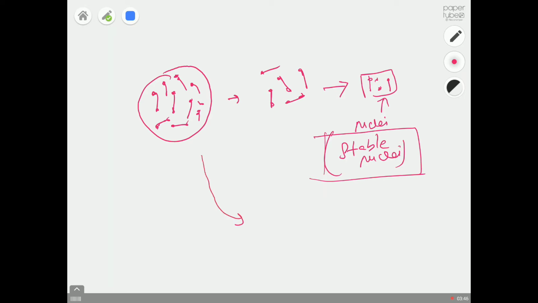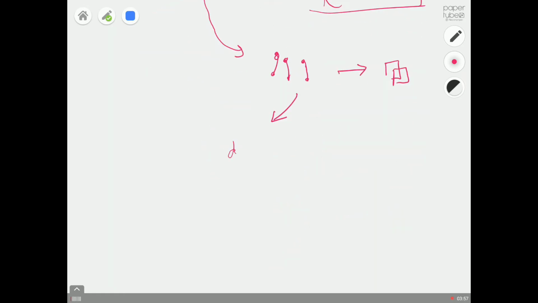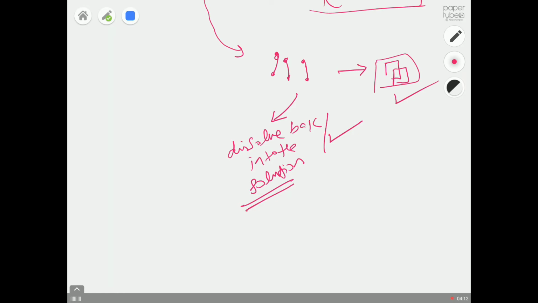But we can ask some questions. When these molecules come together, instead of developing into full crystals, they can dissolve back into the solution. This can happen, or it can develop into a stable nuclei. Both these things can happen. So we need a theory, or we are not going to develop a theory, it's already there in the literature.